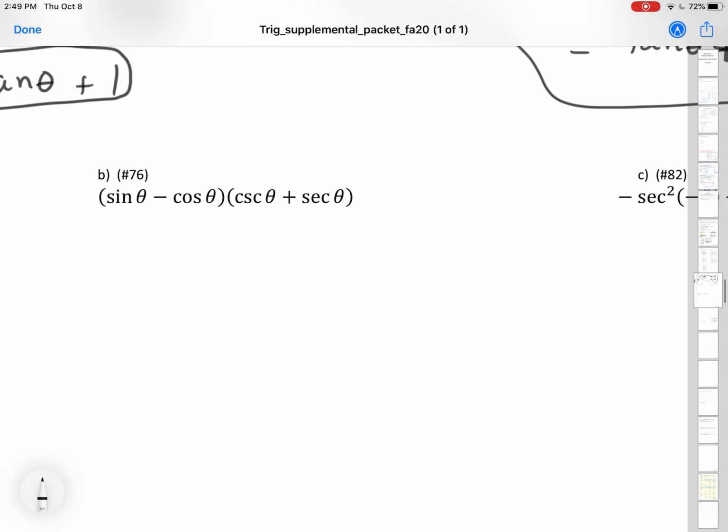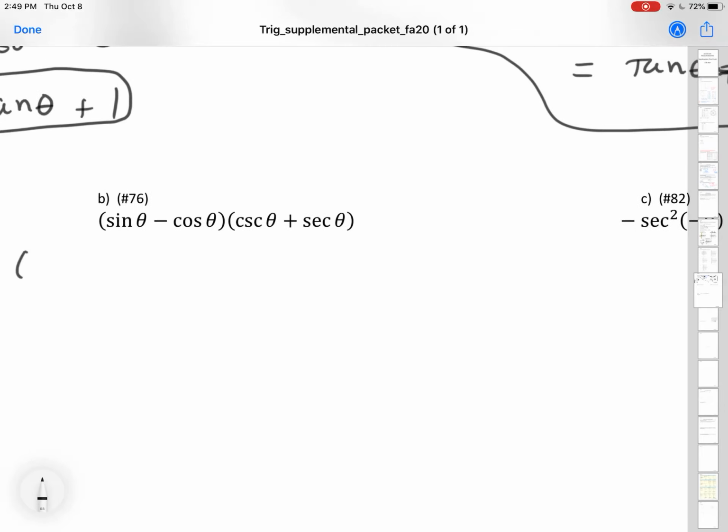Let me take a moment to rewrite what we have. The first thing's in sines and cosines, so I'm not going to rewrite that, but I am going to rewrite this as 1 over sine theta, and this is 1 over cosine theta. That way you can see how these interact. Now what I'm about to write is just FOIL. Sine theta times 1 over sine theta is 1.